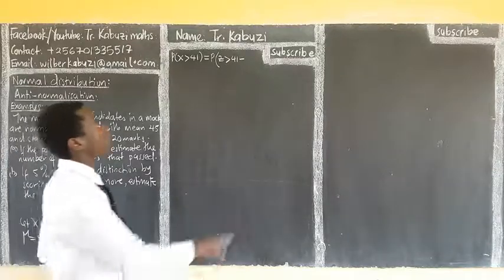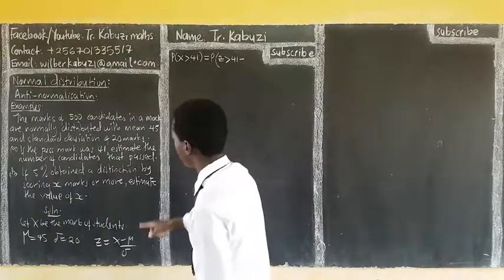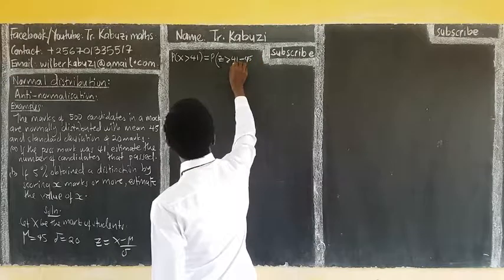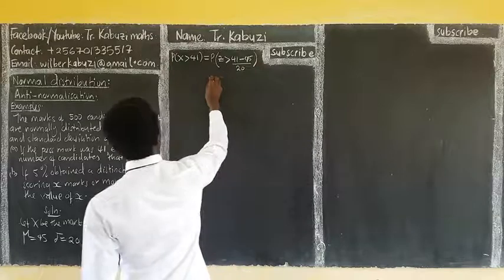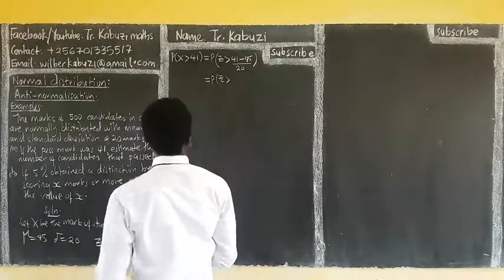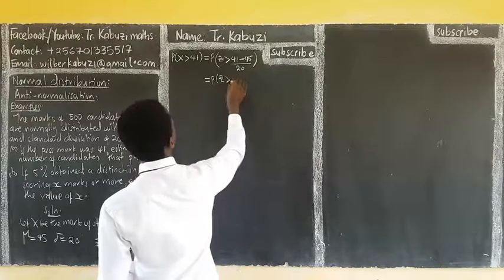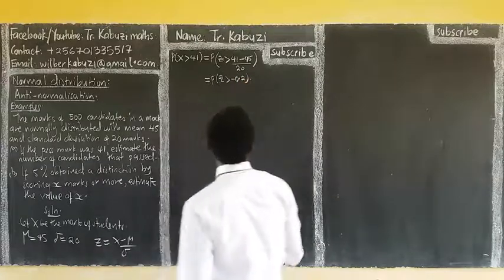So z is equal to the mark 41 minus mu, my mu is 45, the whole divided by 20. That will be the probability of z above, and that is minus 4 divided by 20, which is negative 0.2.